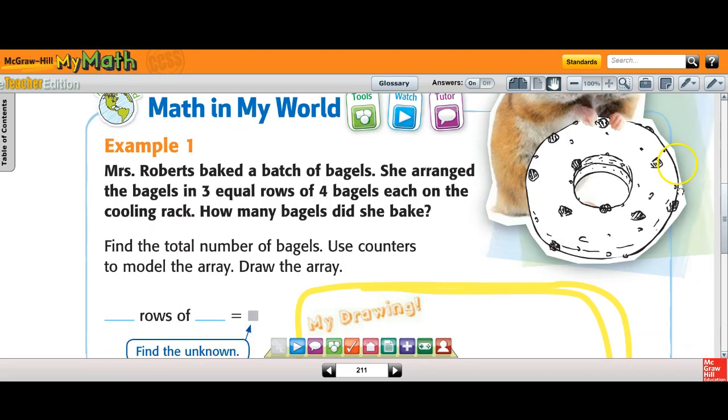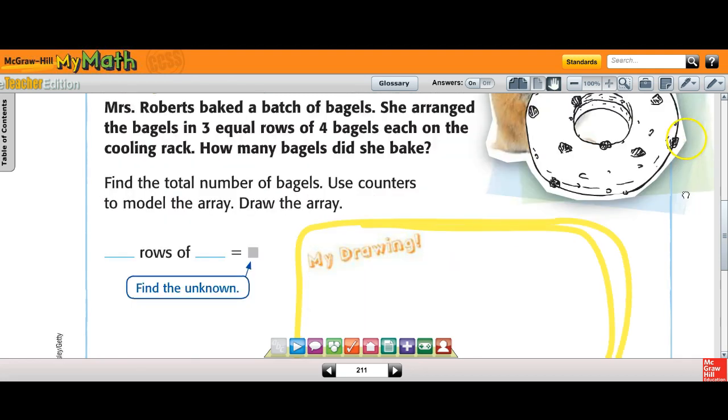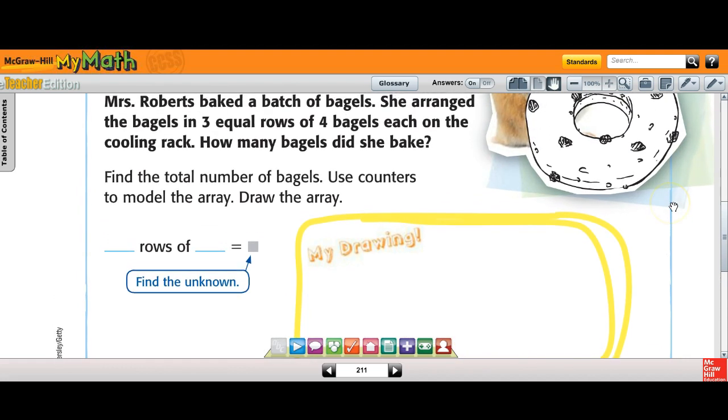It says Mrs. Roberts baked a batch of bagels. She arranged the bagels in 3 rows of 4 bagels in each on the cooling rack. How many bagels did she bake?